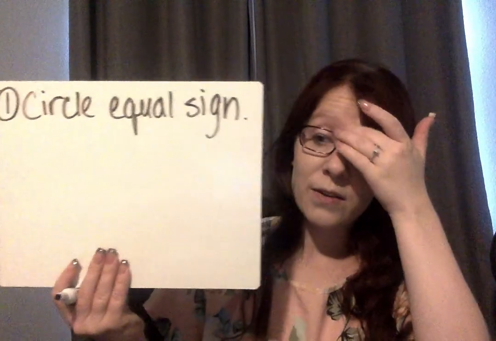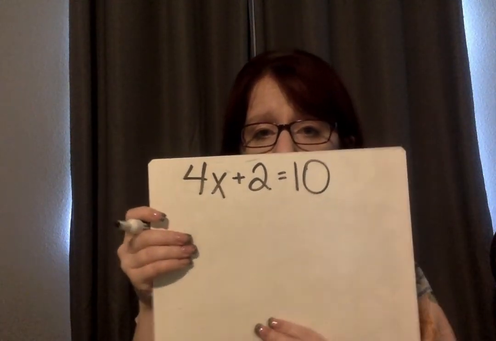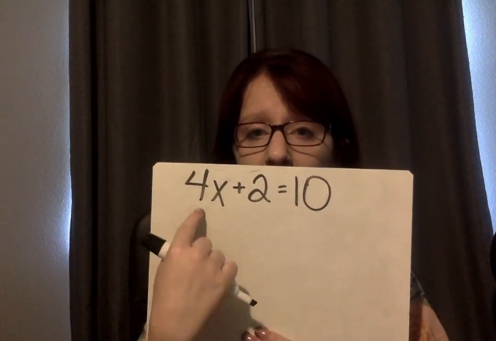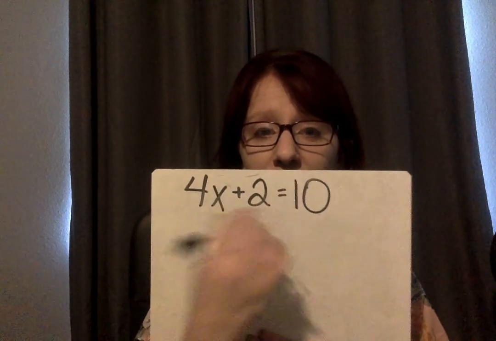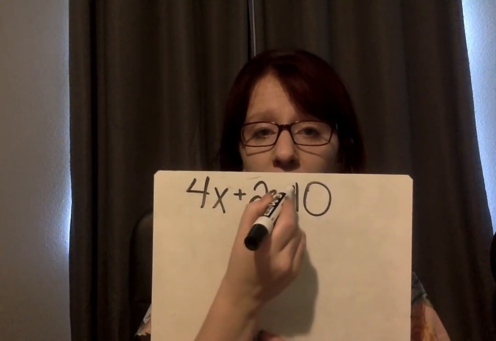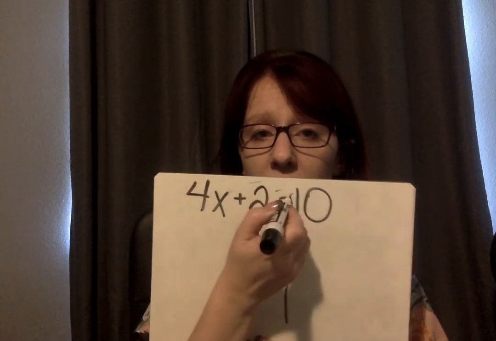Excellent. Okay, so what does that look like? Where is our equal sign? Tell me when to stop. Oh, good job. And so we are going to circle our equal sign.